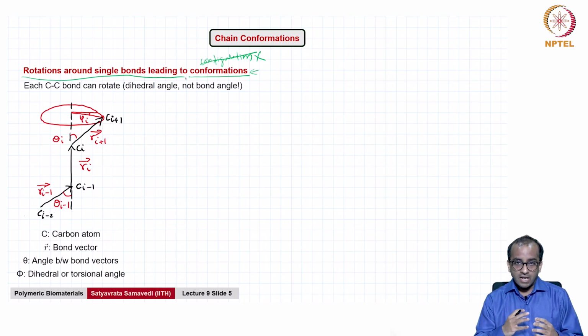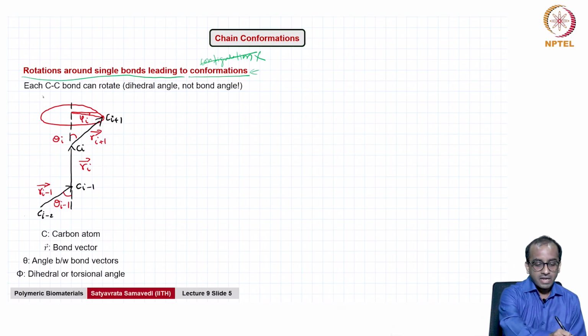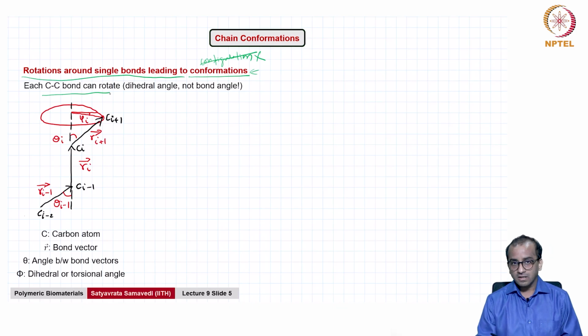So, throughout the chain, every CC bond, especially given the fact that the bond is a single bond, it can rotate and take on multiple angles, and that rotation leads to differences in how the side groups interact with each other across the carbon atoms, as we will look at very shortly.